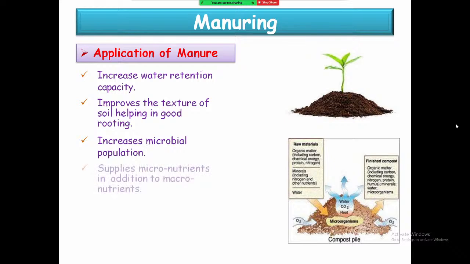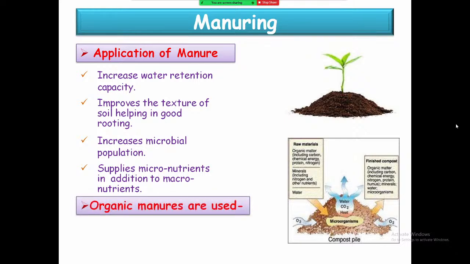It supplies nutrients in addition to macronutrients. Here we can use organic manures like neem cake, groundnut cake, and compost. These are the organic manures we use in mulberry cultivation.